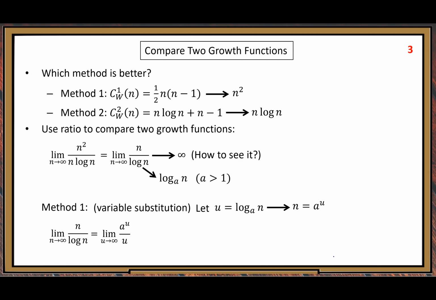Can we say the exponential function with base greater than 1, its value dominates the denominator function? The denominator function is a polynomial, a simple polynomial, a linear function. And its answer is infinity.